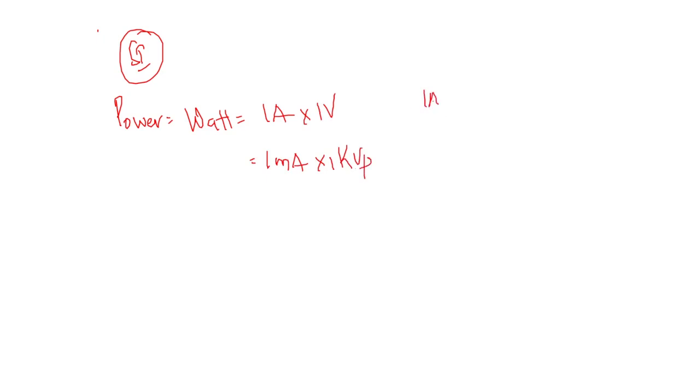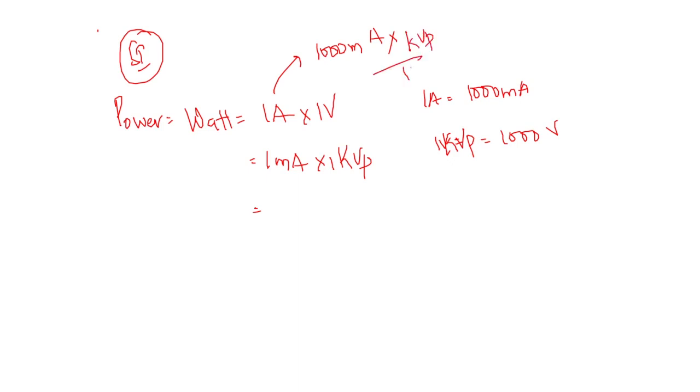Because 1 ampere is equal to 1000 milliamperes and 1 kilovoltage peak is equal to 1000 volts. So if you substitute 1 ampere as 1000 milliamperes and 1 voltage as kVp by 1000, then we get 1 watt as 1 milliampere into 1 kilovoltage peak.